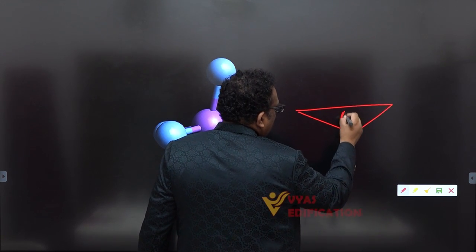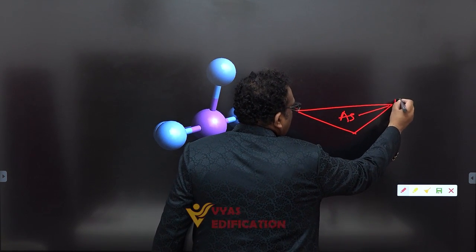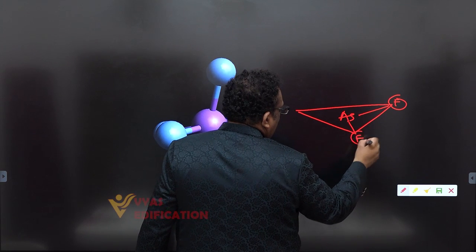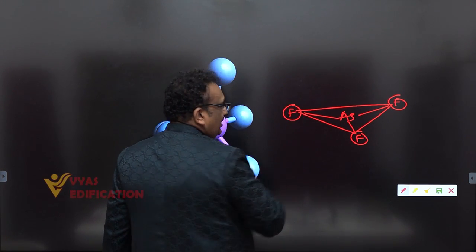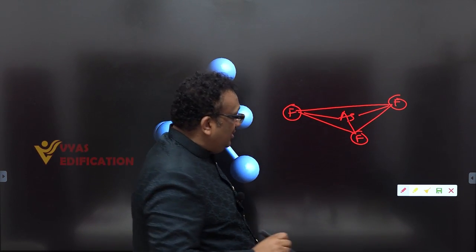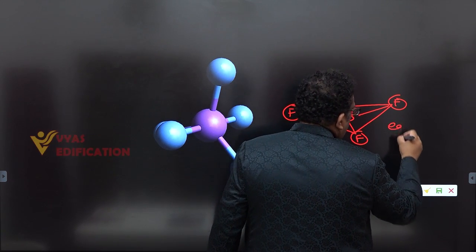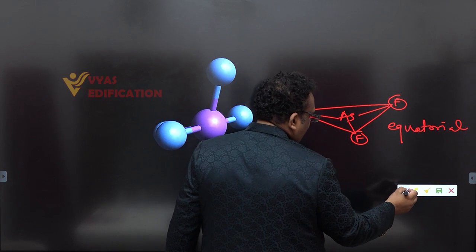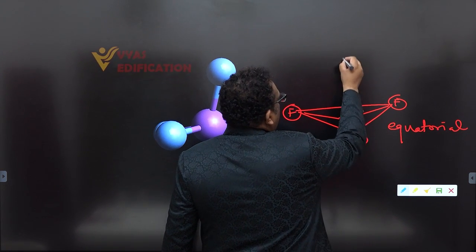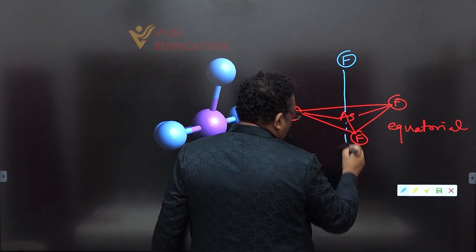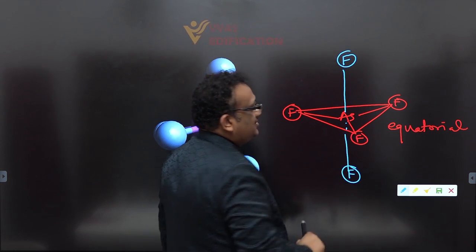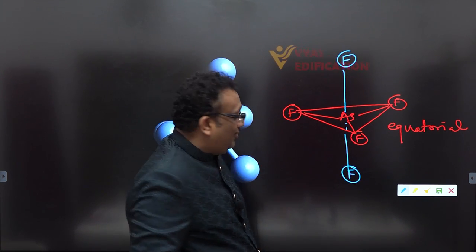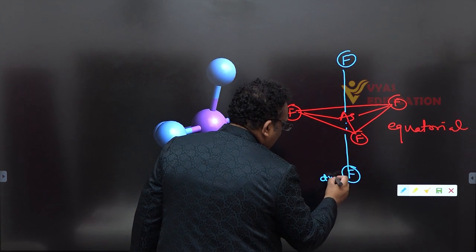Because you have the central atom, arsenic, then you have F and F and F, like this. And these 3 locations are called equatorial positions. Fine. And what else? You have 2 more F atoms, and these are called axial.